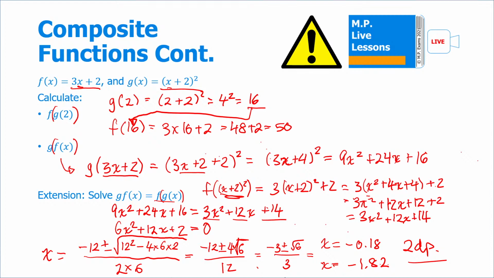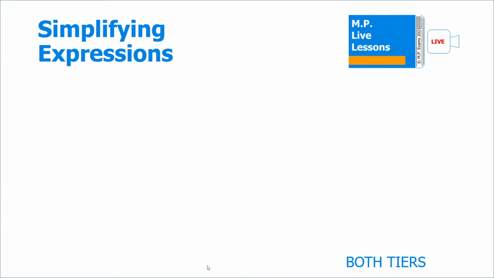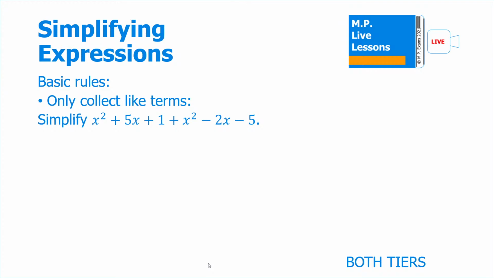Now we move on to some more real algebra, so everyone needs to know how to simplify expressions. So the basic rules are, you can only collect like terms together. For example, if we try to simplify this, we can collect these x squared terms together, and remember, if there's nothing before the letters, it's just a 1.